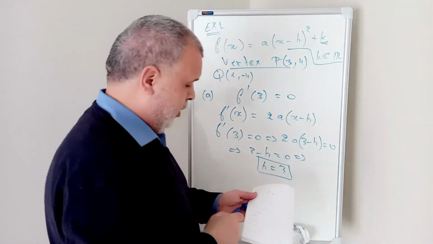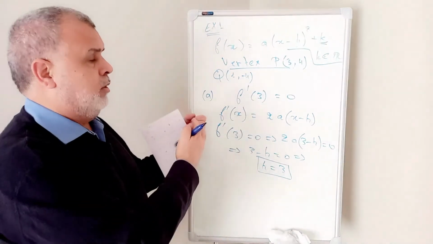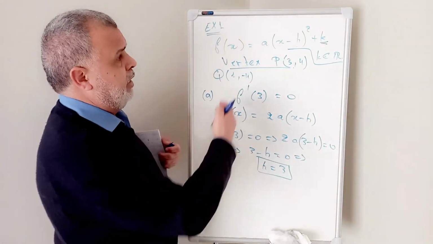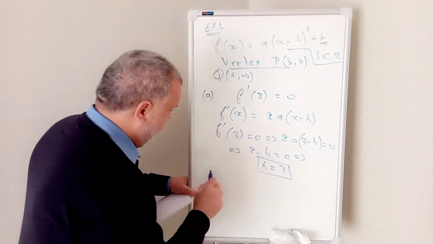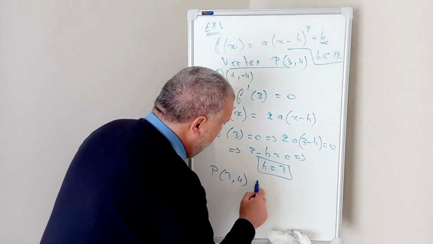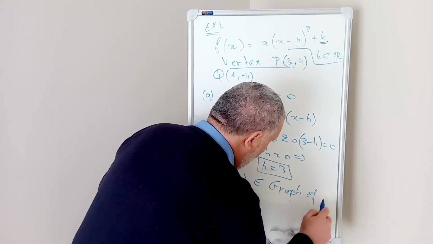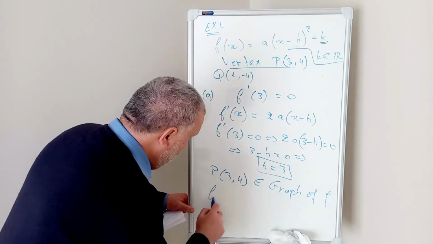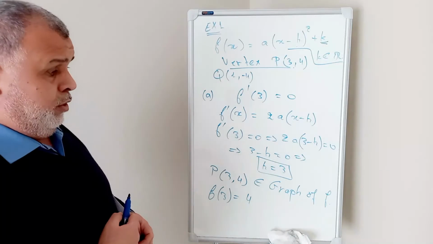So with that we can calculate the value of k. The coordinates of P are 3 and 4. Then we will use this information to write down the value of k. P is part of the graph of f, so we can say that f of 3 is equal to 4.